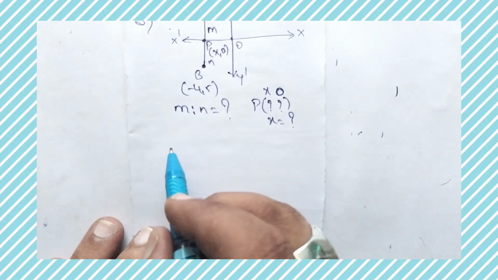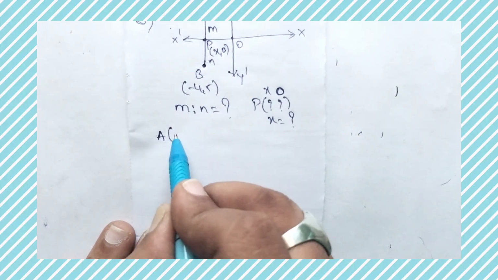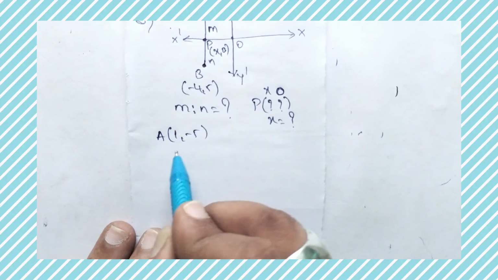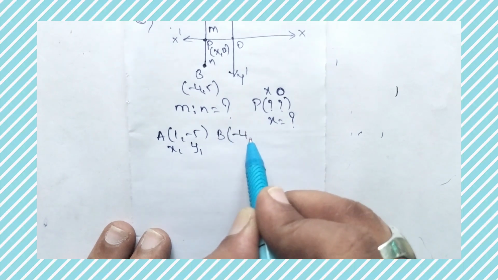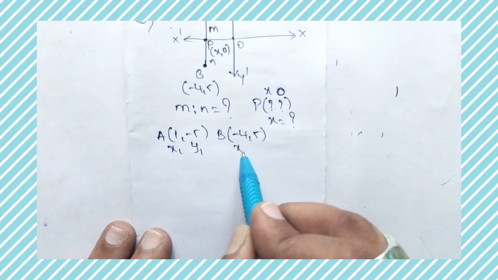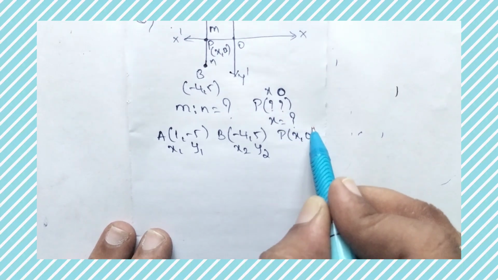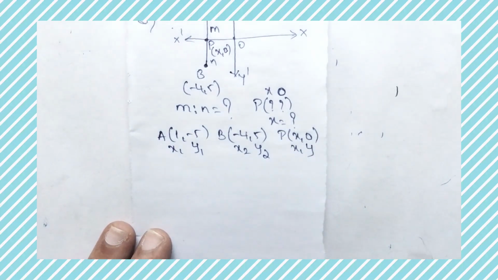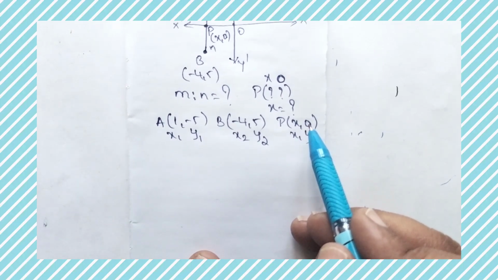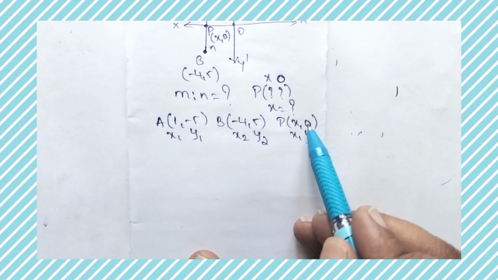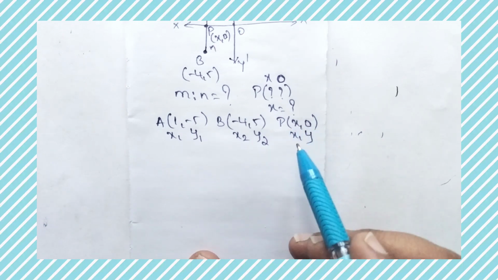So let us answer this question. A has coordinates 1, -5, that is x1, y1. B has coordinates -4, 5, that is x2, y2. P has coordinates x, 0, that is x, y. Since the x-axis is cutting, we take x, 0; if the y-axis were cutting, we would take 0, y.